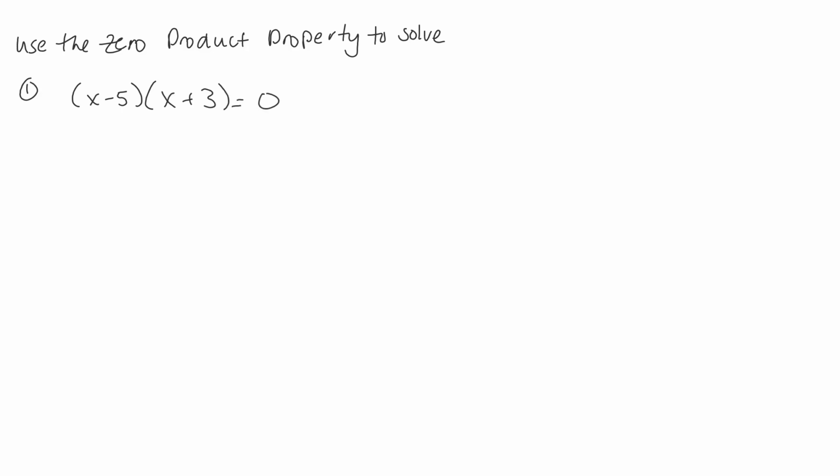If you were to FOIL that out, you would get a quadratic expression, but we're going to leave it in factored form. Now, we have a product equaling 0. We have two factors, x minus 5 and x plus 3. One or both of those factors has to be 0. So what we do is we set each factor on its own equal to 0, and then we solve.